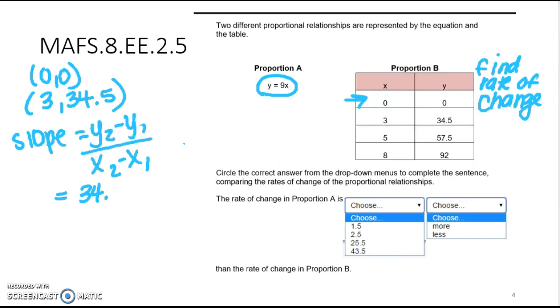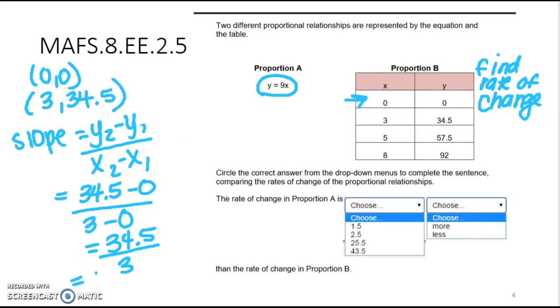So 34.5 minus 0 over 3 minus 0. So that would give me 34.5 over 3. And I can again use that handy dandy calculator. 34.5 divided by 3. So my rate of change is equal to 11.5.